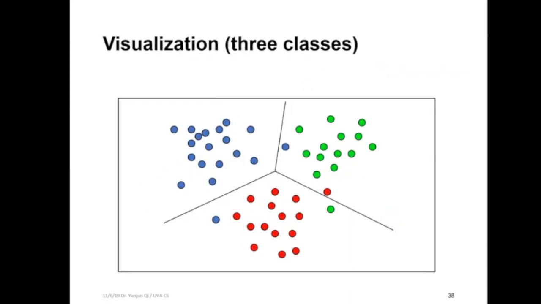When you assume all the classes share the same shape, it actually means the class decision boundaries are linear. So when I assume sigma 1 equals sigma 2 through sigma K, it essentially means a linear classifier. It's a linear decision boundary you're learning.